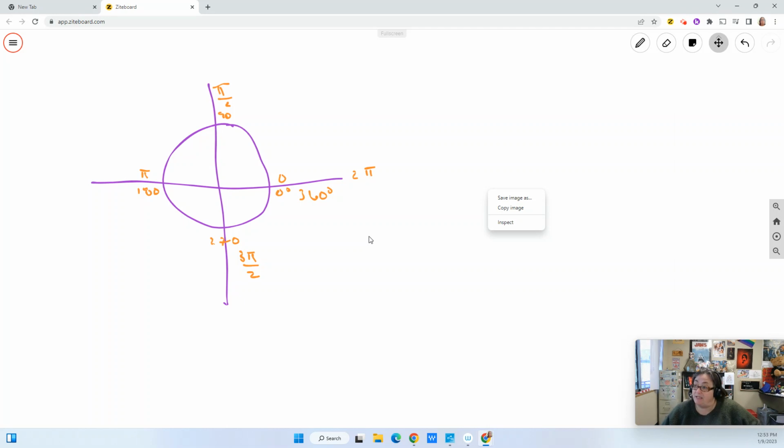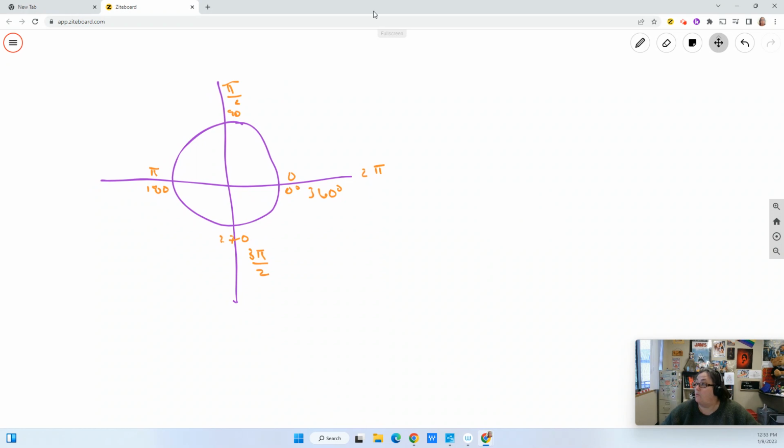And the only reason I'm getting to it is because you know how when we have 0 to 90, we call that quadrant 1, right? This is our quadrant 1 when we're talking in terms of degrees on a Cartesian plane. We would call this quadrant 2, and this quadrant 3, and this quadrant 4.